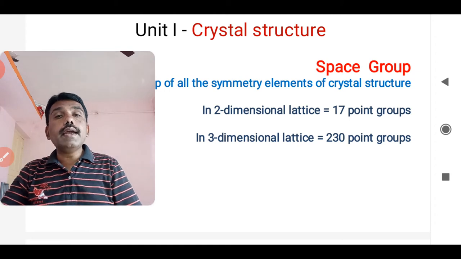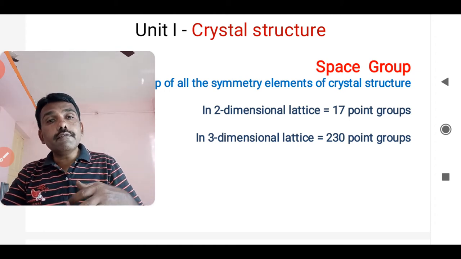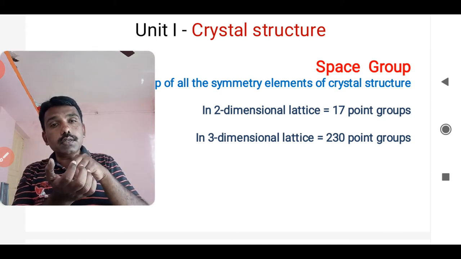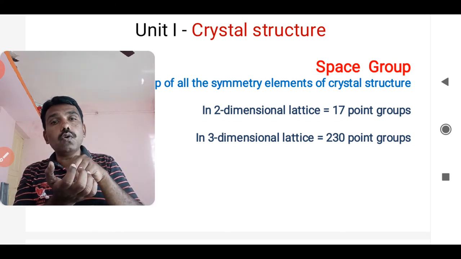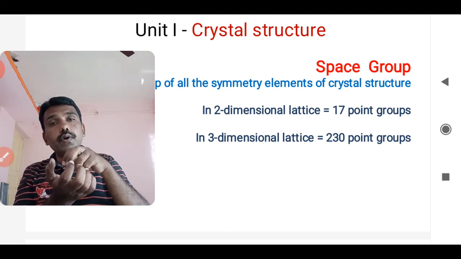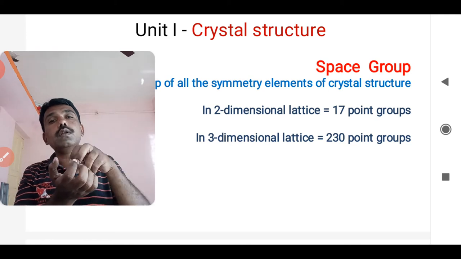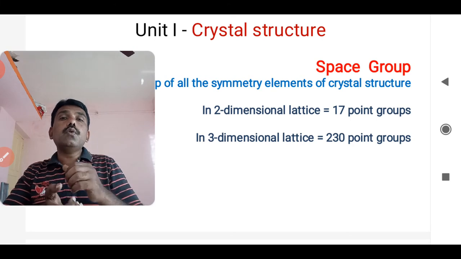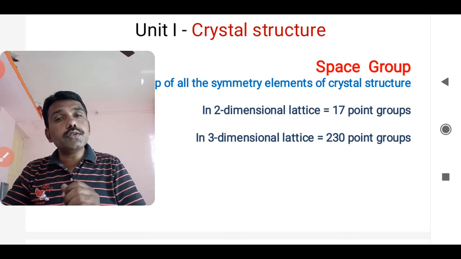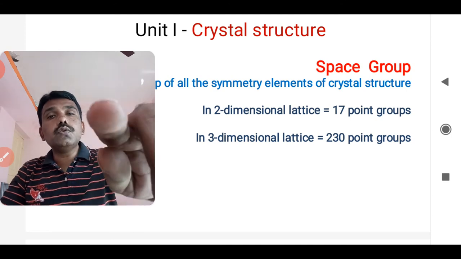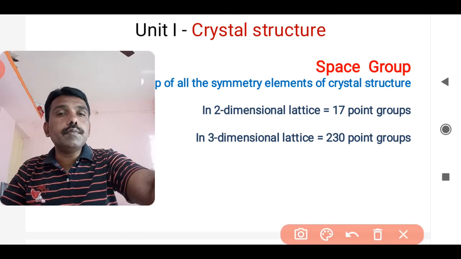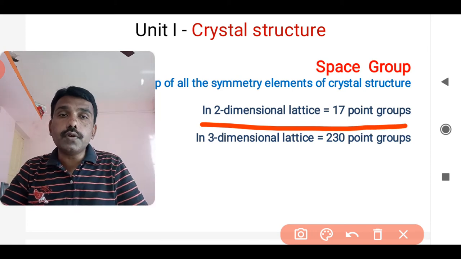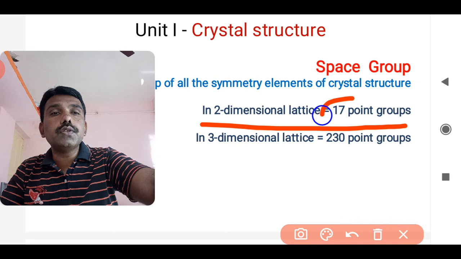And no doubt here the points will increase, because we are not only taking the points surrounding which the symmetry is followed, but we are considering all the points in that particular crystal structure, and due to that the number of points increases as far as the space group is concerned. And in the two-dimensional case, as far as space groups are concerned, there are 17 space groups possible.